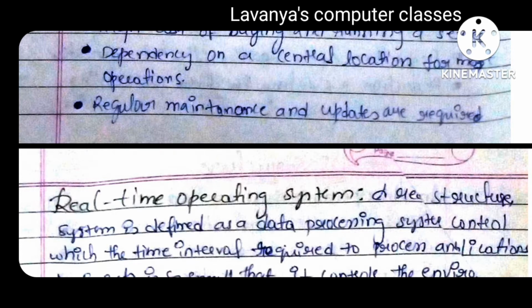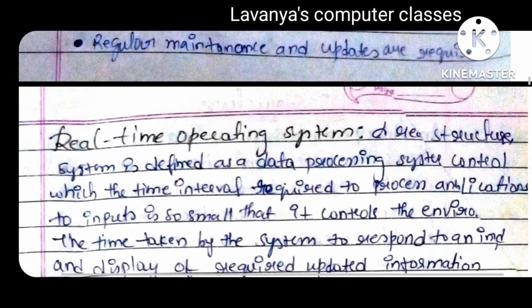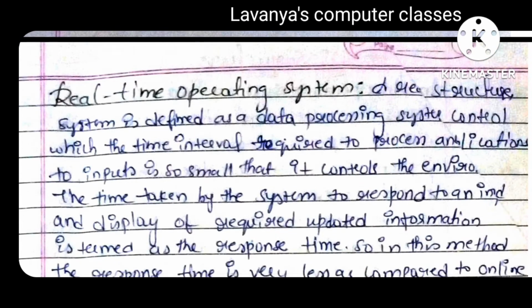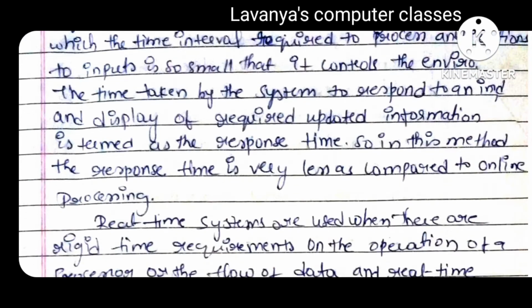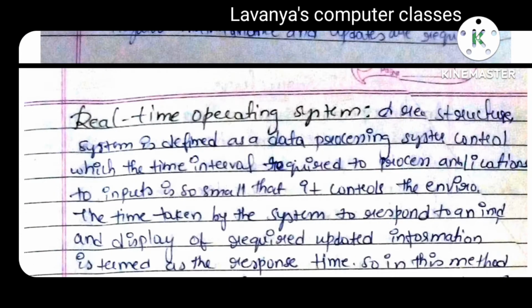This is real-time operating system. Definition of real-time operating system.